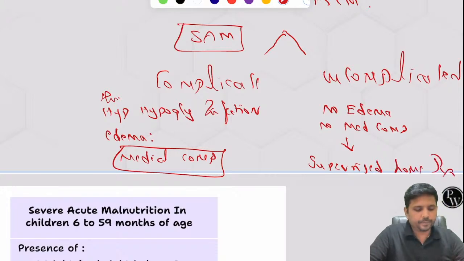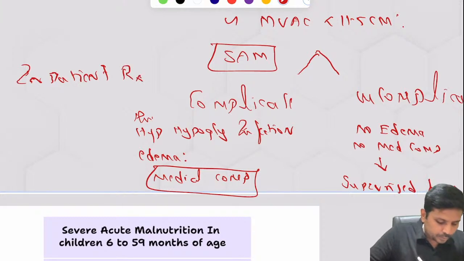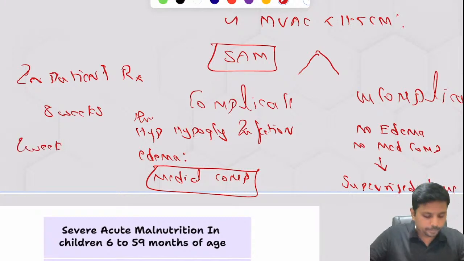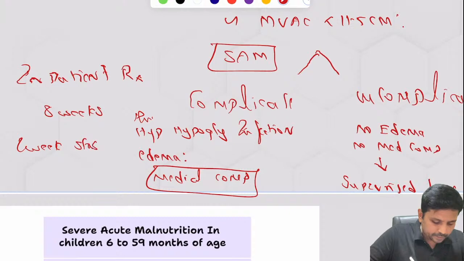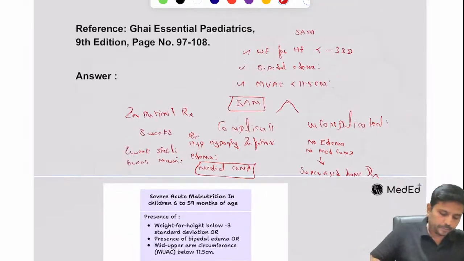With complication means inpatient treatment, and it spans 8 weeks. First 2 weeks treat complications, that is the stabilization phase. Next 6 weeks is maintenance. Nutrition should be given importance.